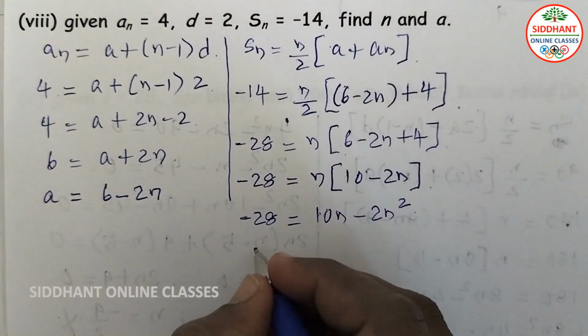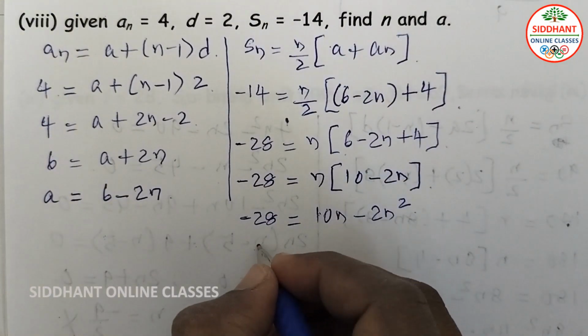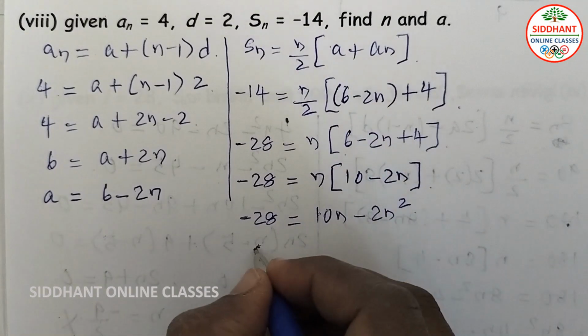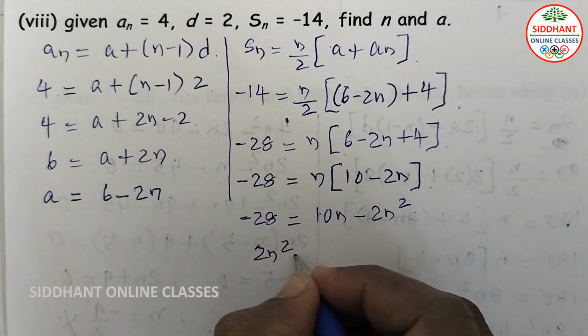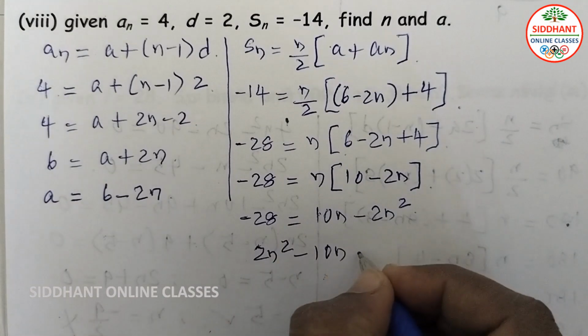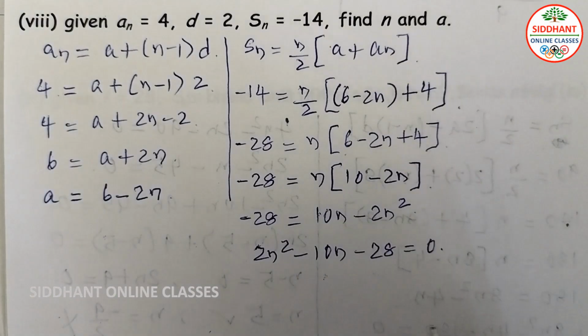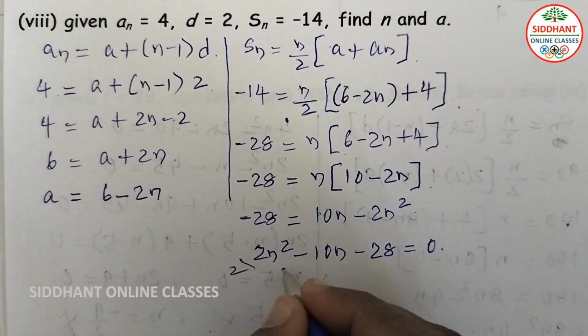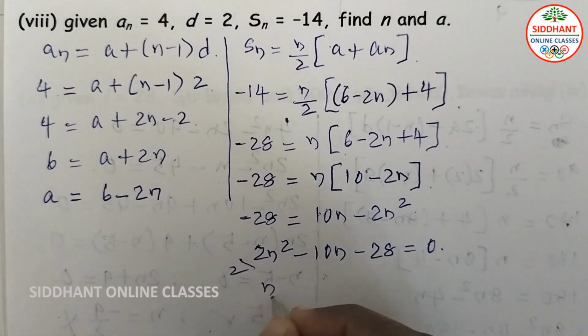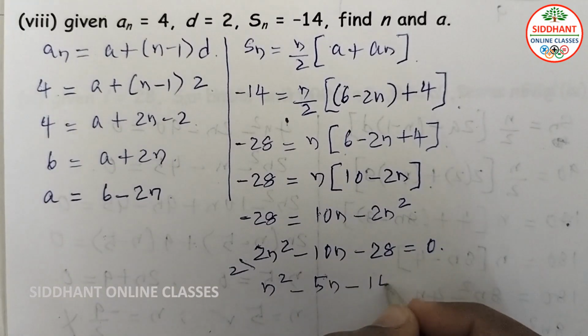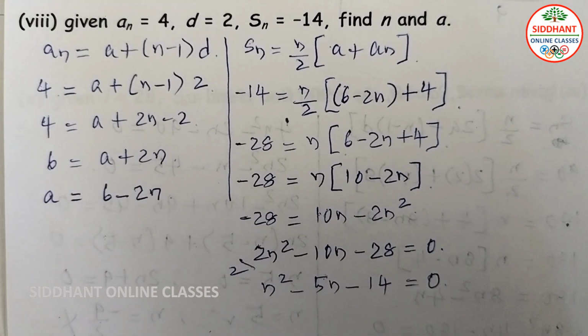So we get an equation. Taking the left side, 2n square minus 10n minus 28 equal to 0. Dividing by 2, we get n square minus 5n minus 14 equal to 0. This is the equation we got, and we are going to find the factors.